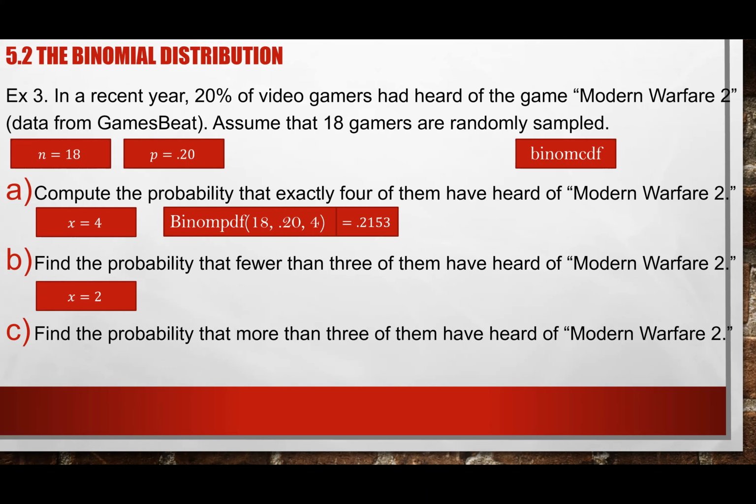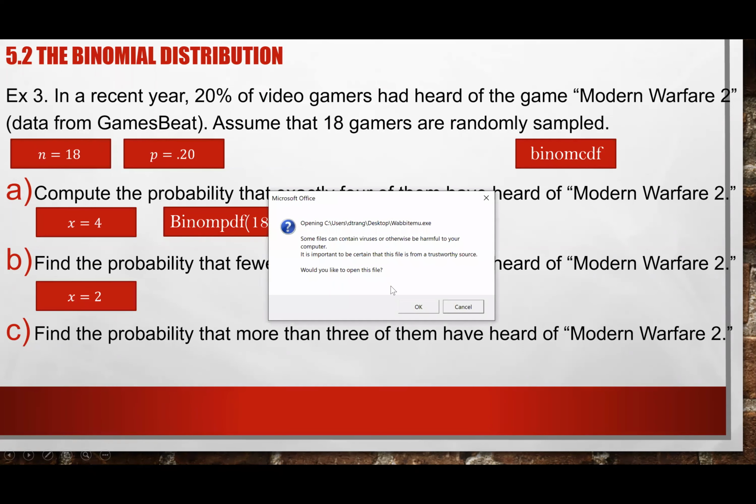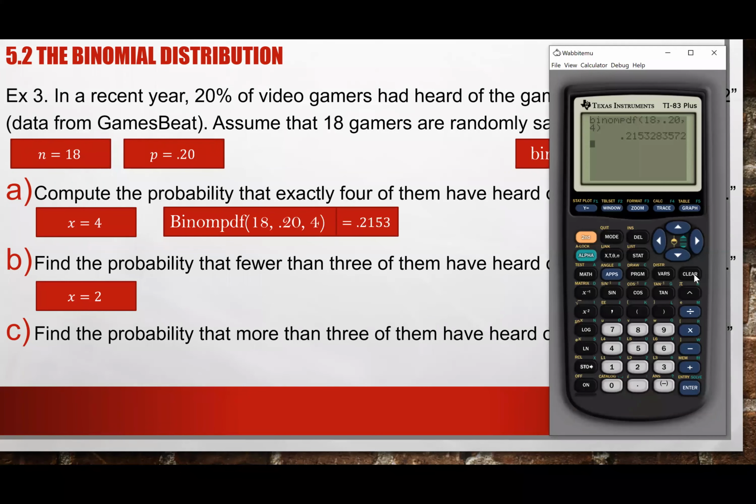Once you identify that my endpoint is at 2, remember, the binomial CDF calculates the numbers less than or equal to that endpoint, so we go up to number 2. Looking at the calculator, it's the same as before; the only thing different is you hit second VARS and go down to binomial CDF.